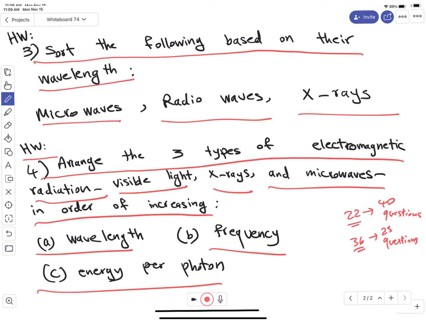Okay. Any questions about the electromagnetic spectrum and different radiations, frequencies, and wavelengths? Is this clear? Now I'm going to see if you actually learned. Which one has the highest energy?